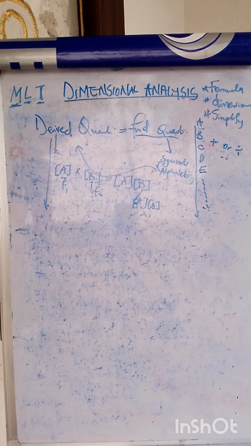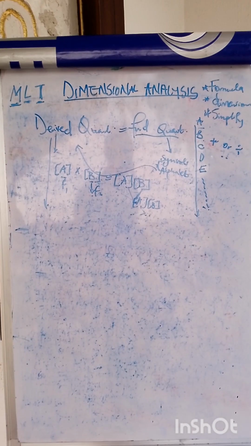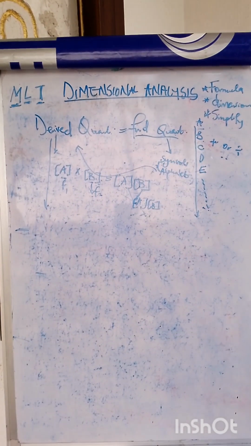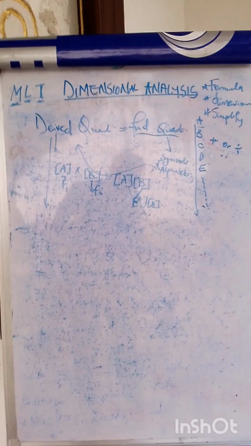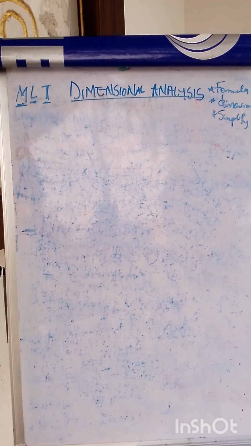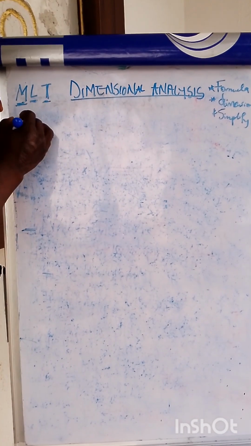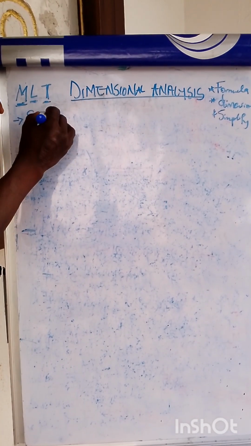Let's look at questions: how to look for the dimension of quantities. Yeah, let's go. So now let's check for speed. Let's look for the dimension of speed.